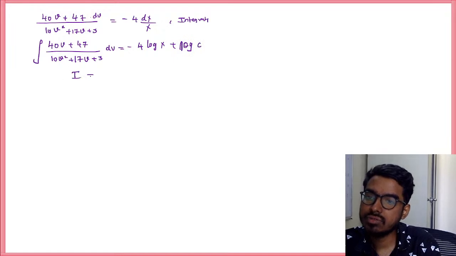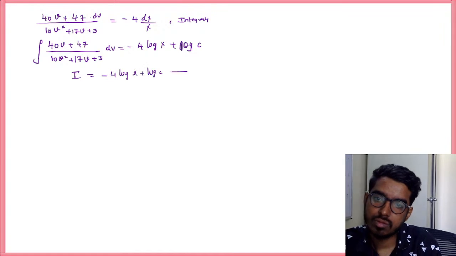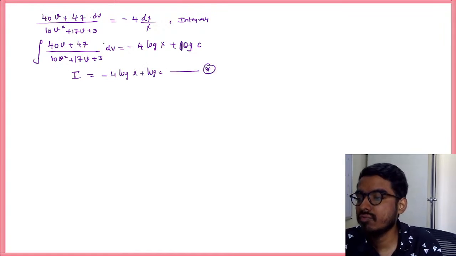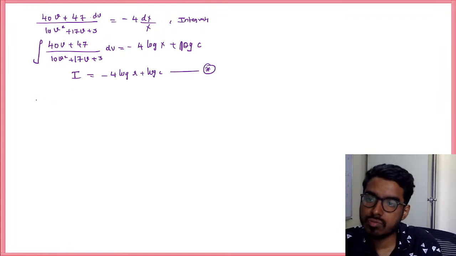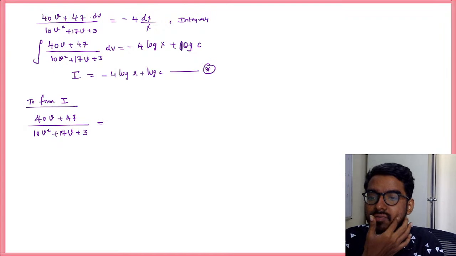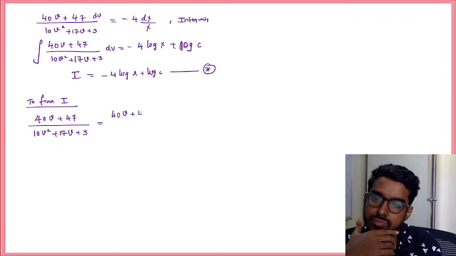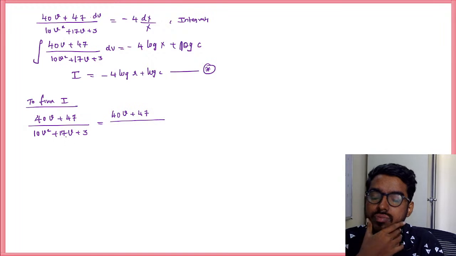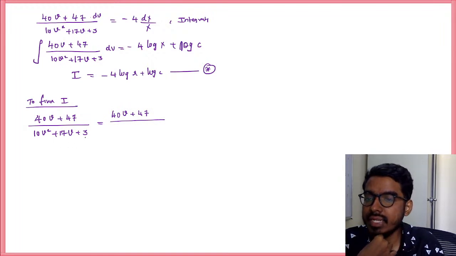Now we have to integrate this. Let's call this as I. So we need to find the value of I. To find I, we have to integrate this term, (40v plus 47) divided by (10v square plus 17v plus 3).